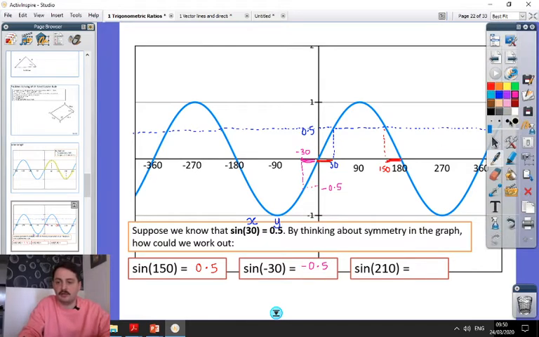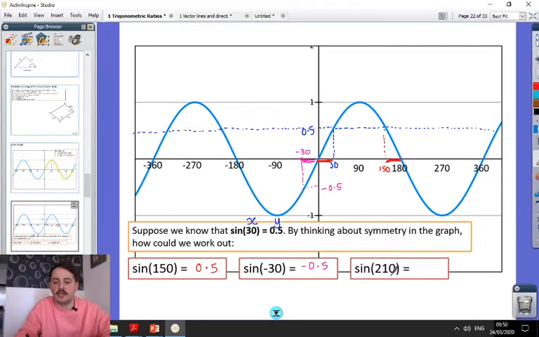Now, let's see if we can use that idea to help us find out what 210 is. Now, 210, you should recognise that that number is related to 180, and it's 30 bigger than 180. So this first piece of information about this section of it corresponding to going 0.5 up is going to be the same for over here.